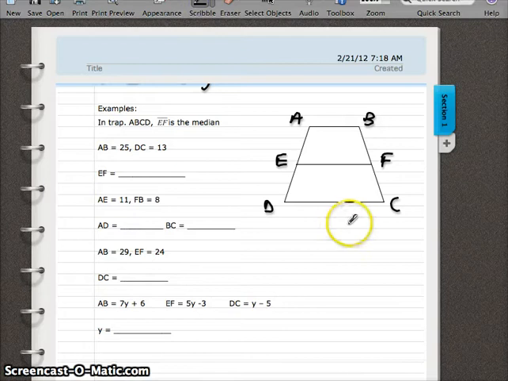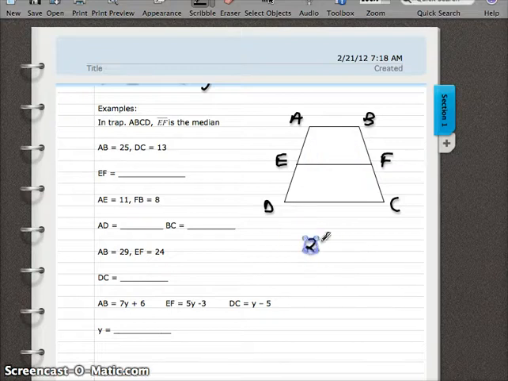Okay, in this trapezoid, AB is 25, so that's one base. And its parallel side, DC, is the other base, and that length is 13. And EF is the median. Well, it wants us to find the length, or the value of the segment's length in this example.